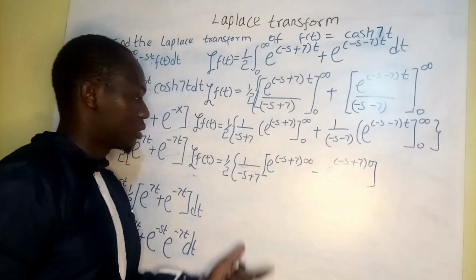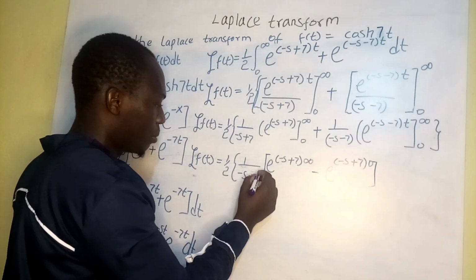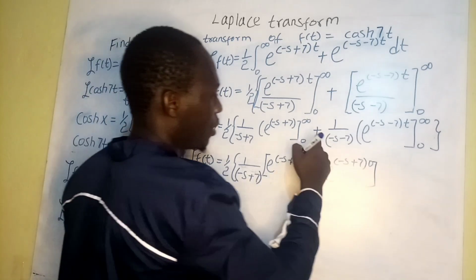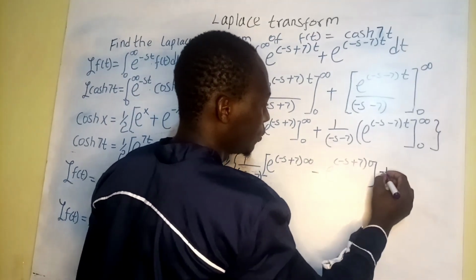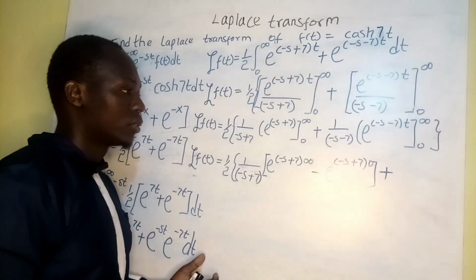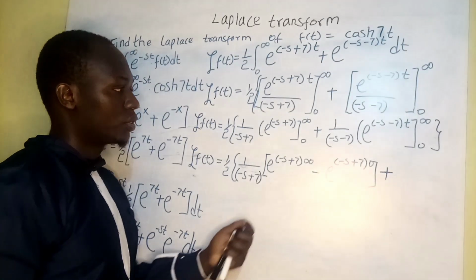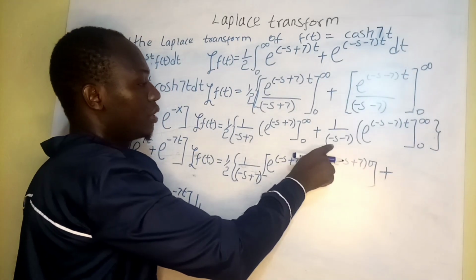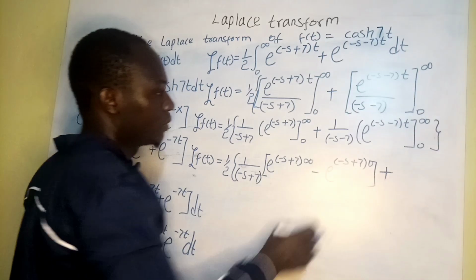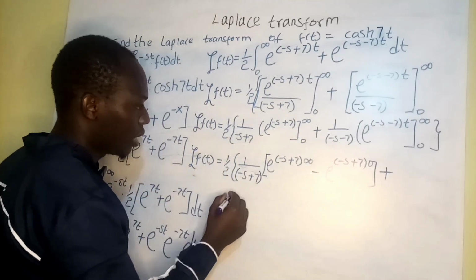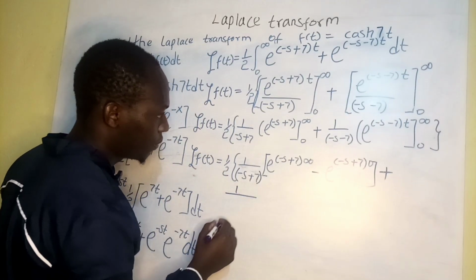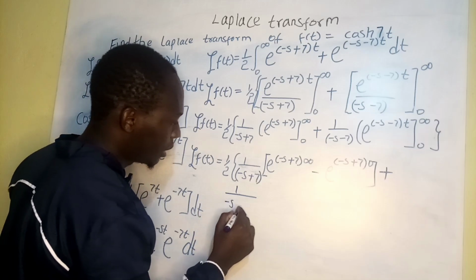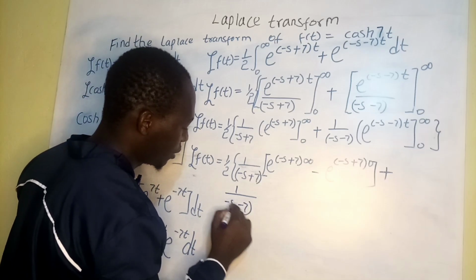And it is always quite important to work out with the brackets. We come and add 2. When you work out with the bracket, it is going to make your work easy by avoiding some mistakes. On this side now we are going to have 1 all over negative s, we subtract from 7.